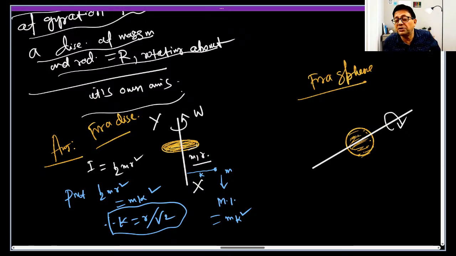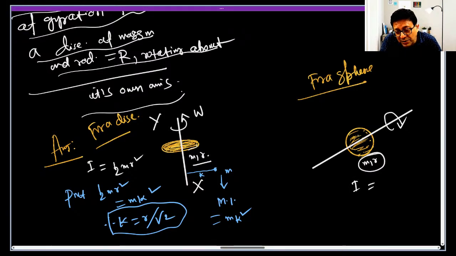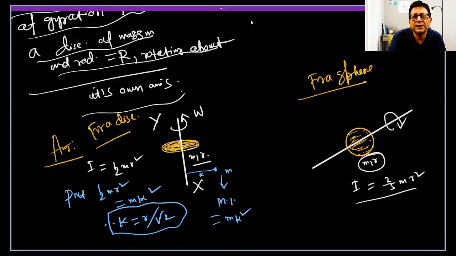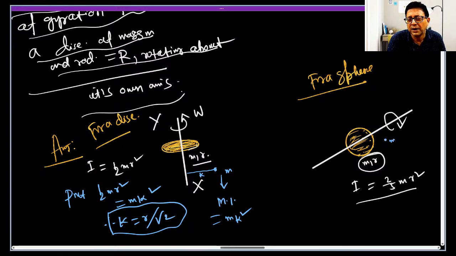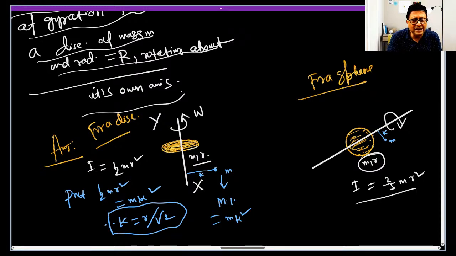What will be the radius of gyration for this sphere? Its mass is m and radius is r. How do you find it? In the same manner, what is its moment of inertia? I equal to 2 by 5 mr square. Now keep a single mass m at a distance k from the axis of rotation.